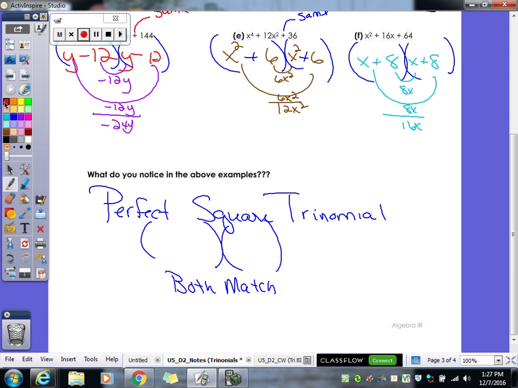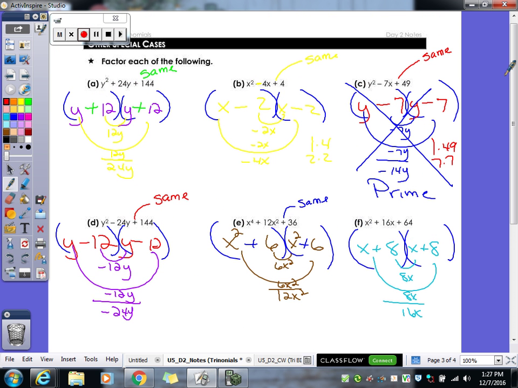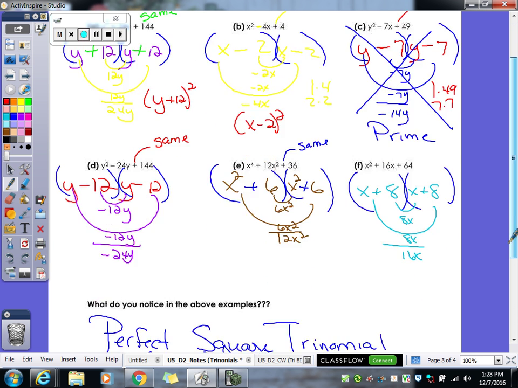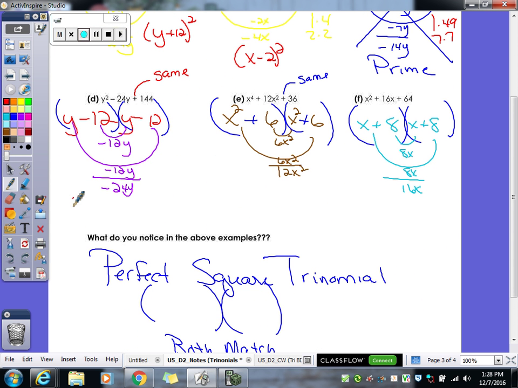Okay, so when they both match, the Regents writes them like this. Instead of saying the answer here is y plus 12, y plus 12, in your multiple choice answer bank, they'll write y plus 12 squared. So you got to know that it means the same thing. Here they'll write x minus 2 times x minus 2 is x minus 2 squared. Here they would write y minus 12 squared.